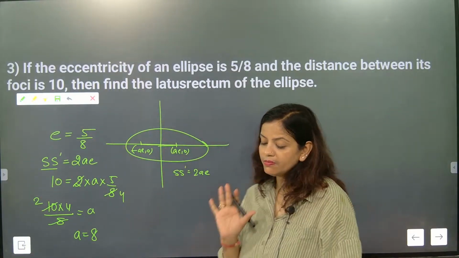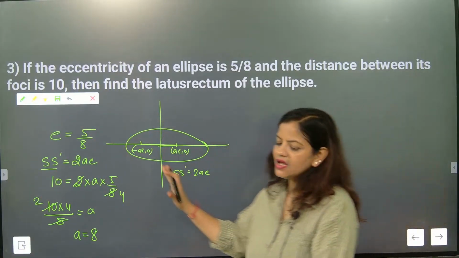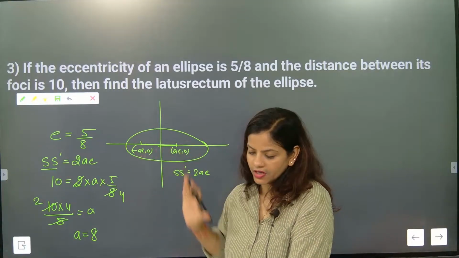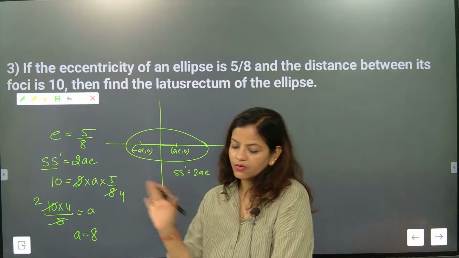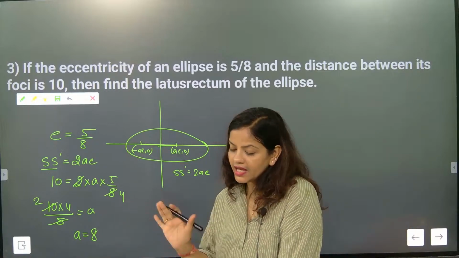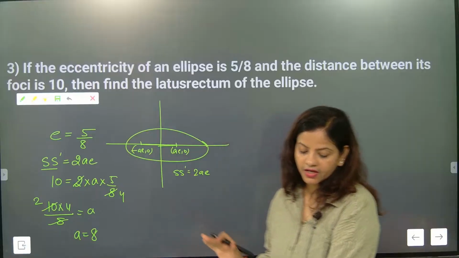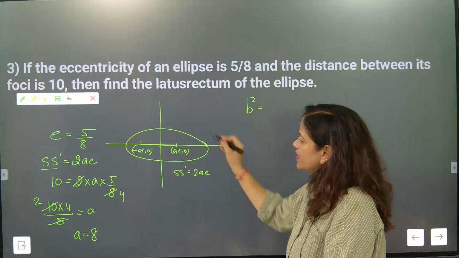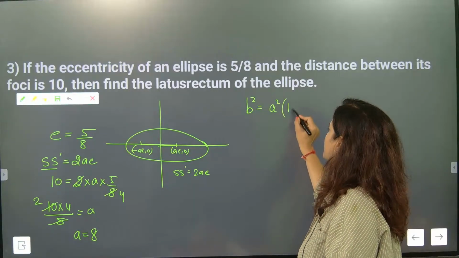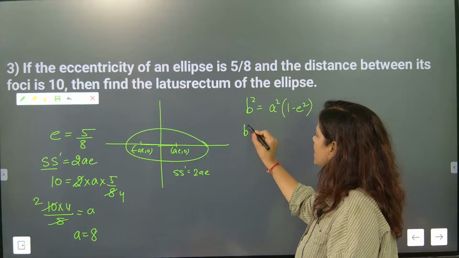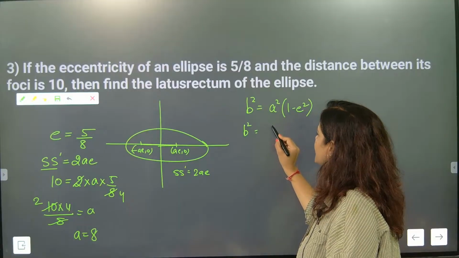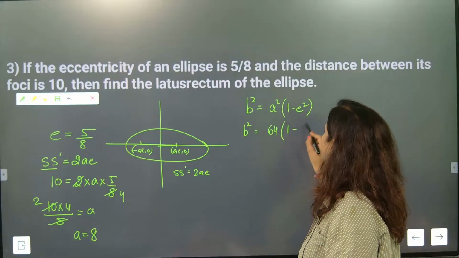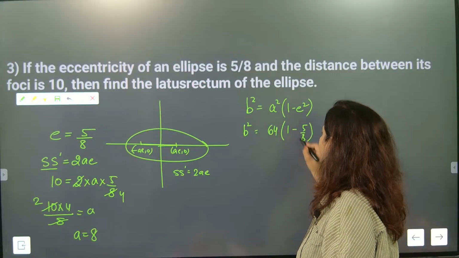So you got A is equal to 8. Now you need to find B. Because we just assumed the ellipse is exactly resting on the x-axis, the major axis length is 2A, and based on that we got A. We took AE and got A equal to 8. Our second equation, because the ellipse is resting on the x-axis, is b square equals a square into 1 minus e square. A is 8, 8 square is 64, and 1 minus eccentricity 5 by 8 whole square.